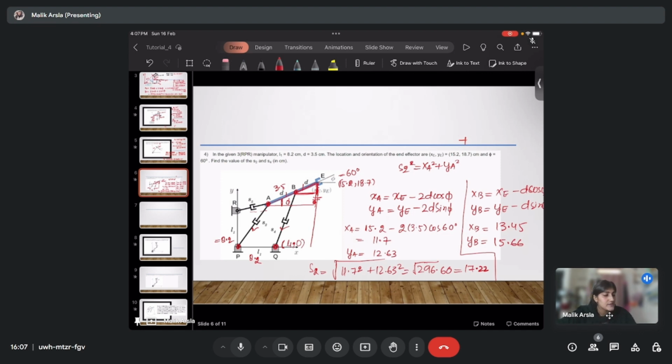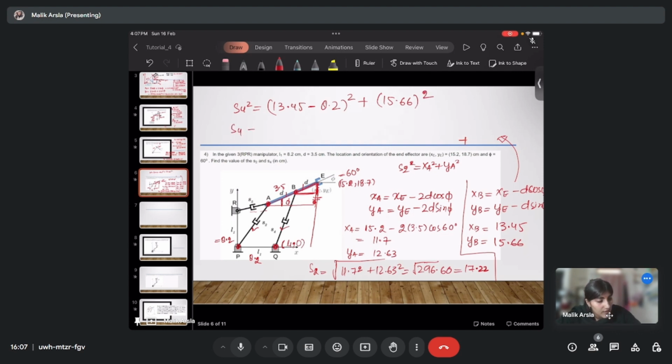S4 square is equal to 13.45 minus L1, which is 8.2, square, plus yb, which is 15.66, minus the y coordinate of Q, which is 0, squared.